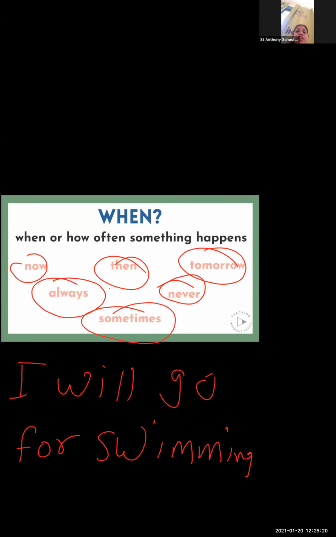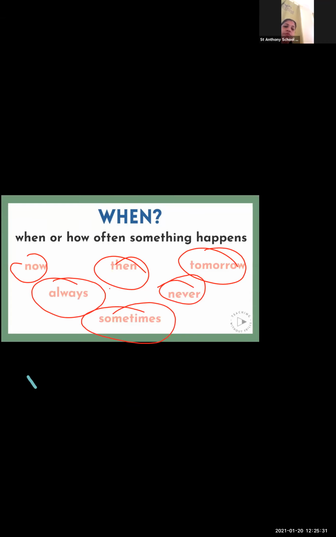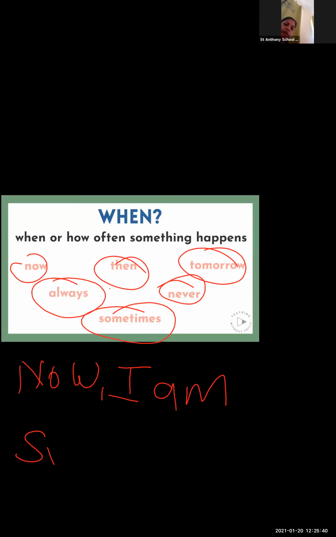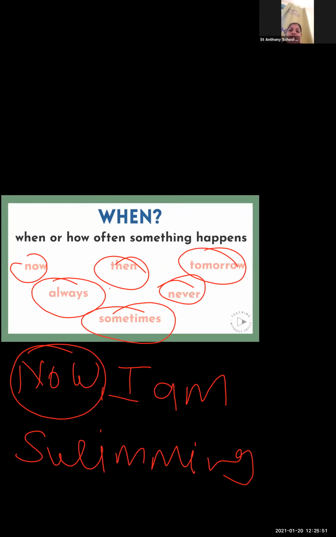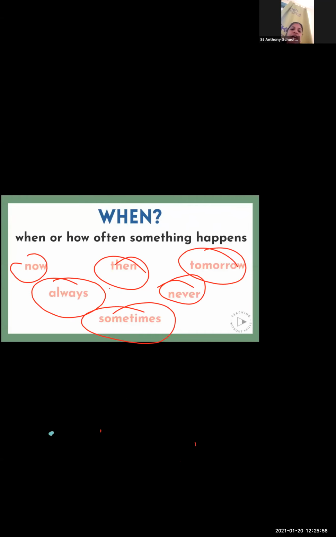But when I'm talking about the adverb, I have to mention here, now. Wait a minute. Now I am swimming. So you will ask the question, when are you going to swim? Now. So this is the adverb in the sentence. You must ask the question about when.